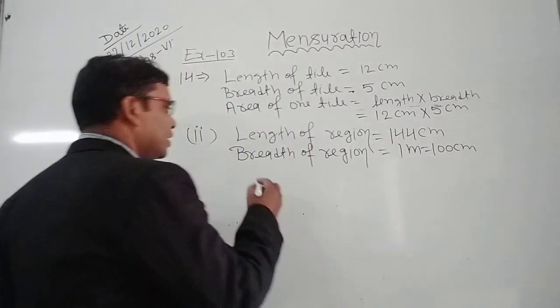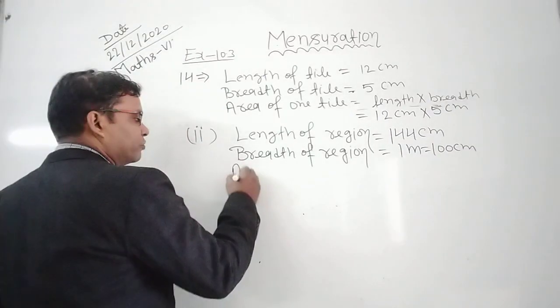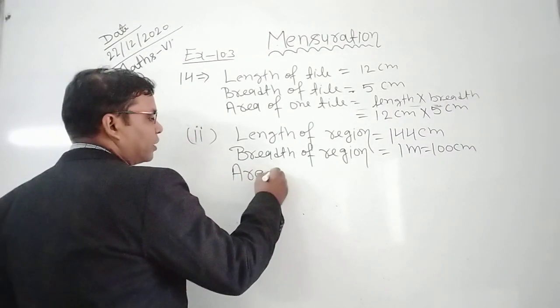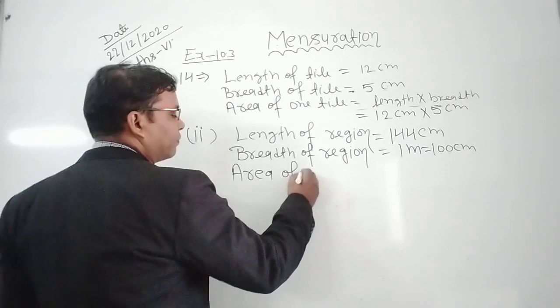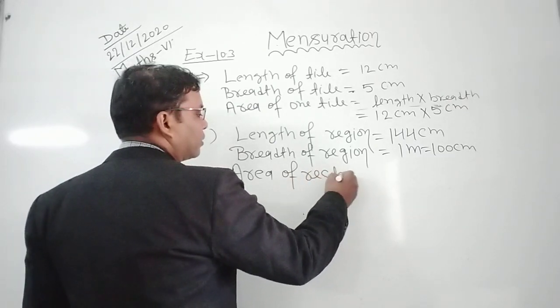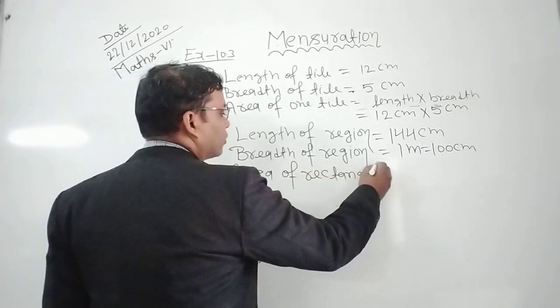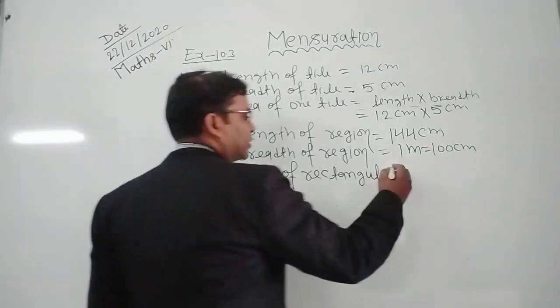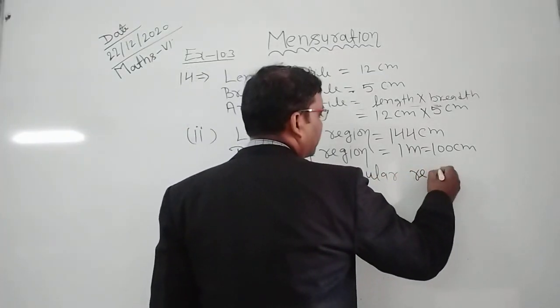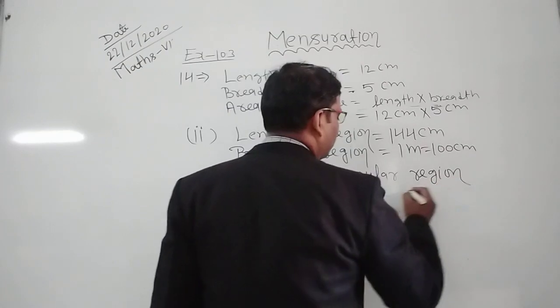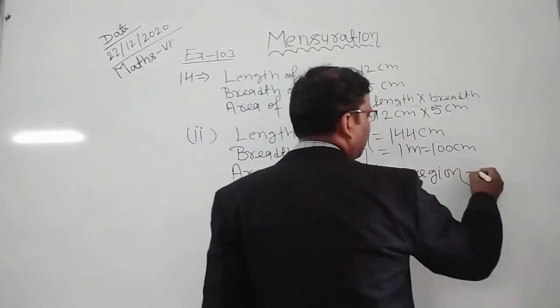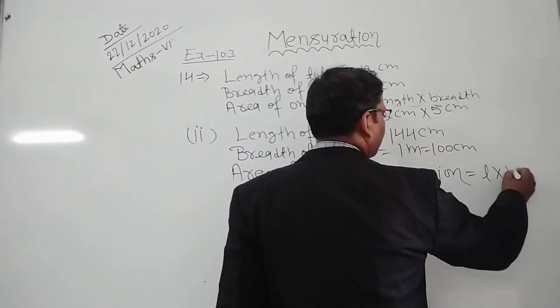So area of the rectangular region is equal to what? We write here area of a rectangular region. Area of rectangular region is equal to length into breadth. You know very well, length into breadth.